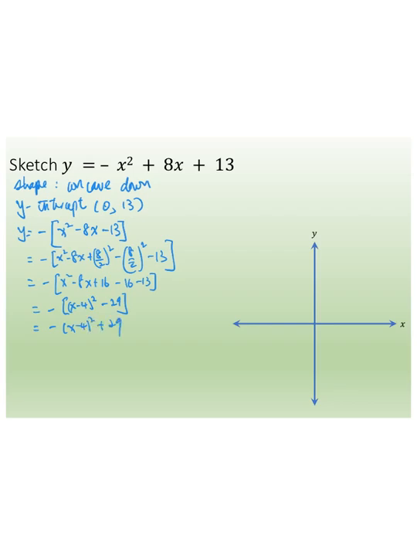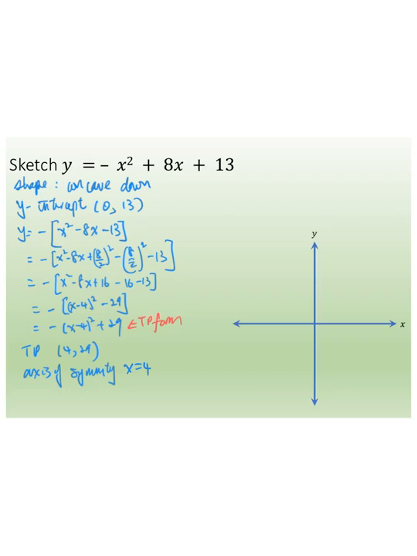Straight away you can see that the turning point is (4, 29). This is the turning point form. And then the axis of symmetry is x equals 4.